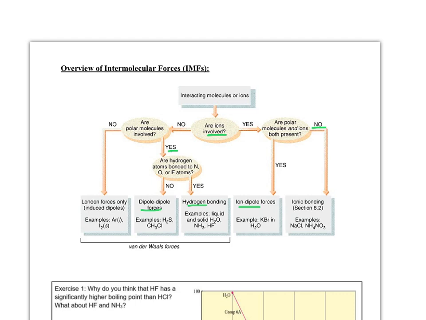So here are some different examples. And then, are polar molecules involved? No, then we're going to have London dispersion forces only. So that means the only thing you can have is the induced dipoles based on polarizability. You'll notice down here they call them van der Waals forces. Van der Waals is like the biology term. That's the same thing as London dispersion forces, exactly the same.